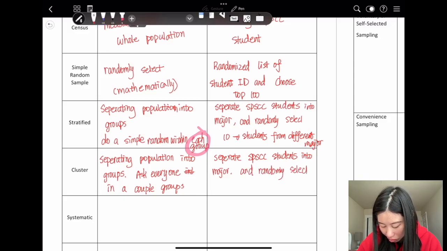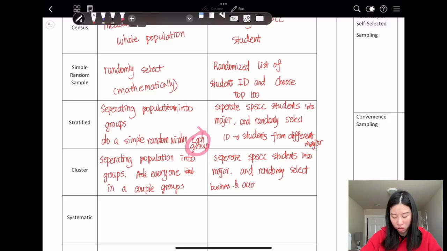Let's say we randomly select business and accounting. And then we survey every student who's in business and accounting.